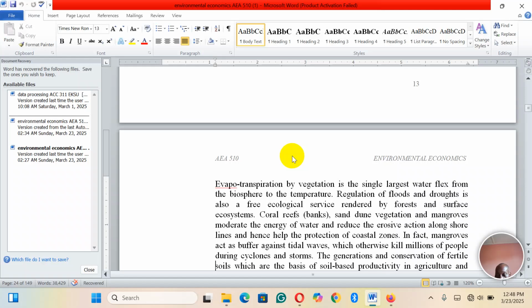In fact, mangroves act as a buffer against the tidal waves, which otherwise kill millions of people during cyclones and storms.